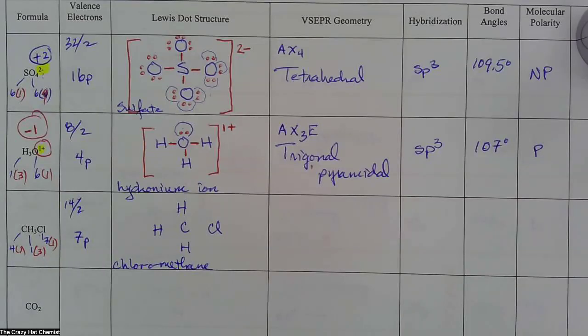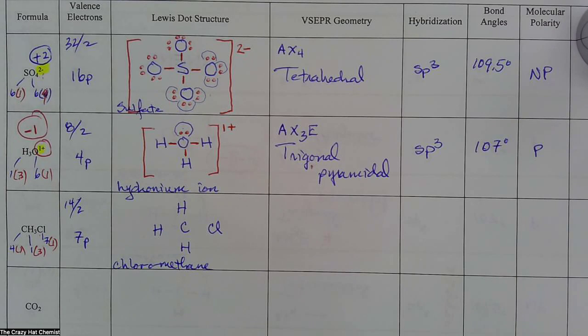Just to make sure, we could have placed this chlorine at any one of the locations of 3, 6, 9, or 12 o'clock, and it would not make any difference whatsoever.